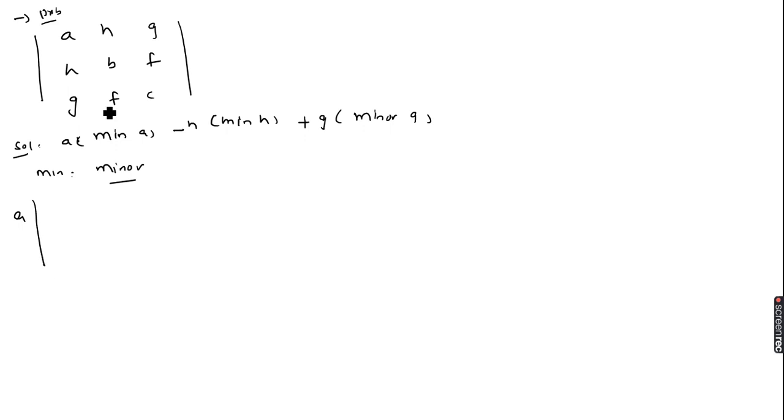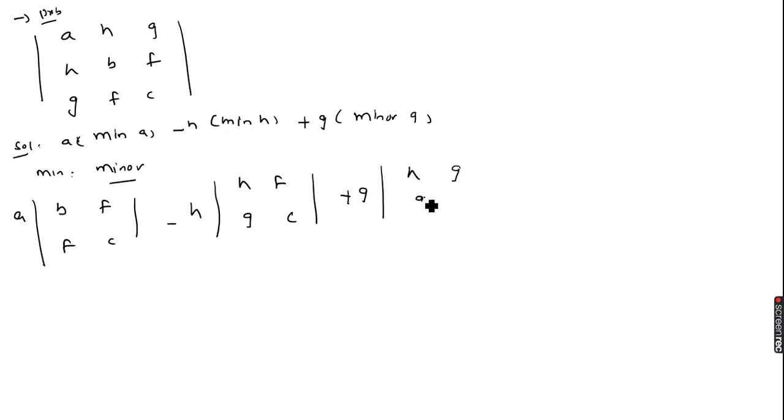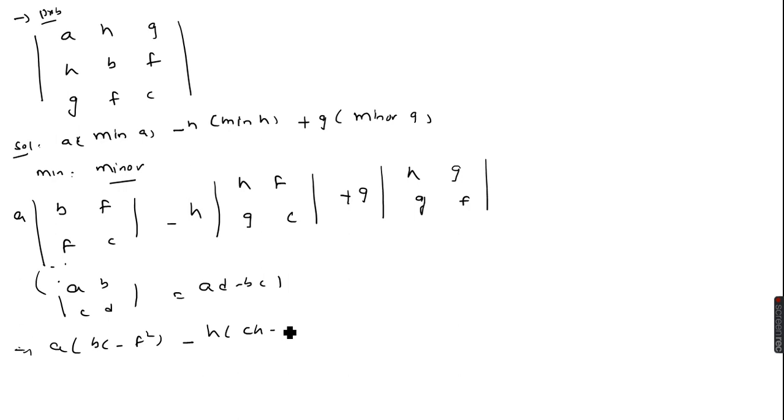So that is A into minor, deleting the corresponding row and corresponding column, we get B F, F C, minus H into minor of H, that is we get H F, G C, plus G into minor of G, H B, G F. And we know that the determinant of ABCD is nothing but AD minus BC, we get A into BC minus F square, minus H into CH minus FG, plus G into HF minus G square.